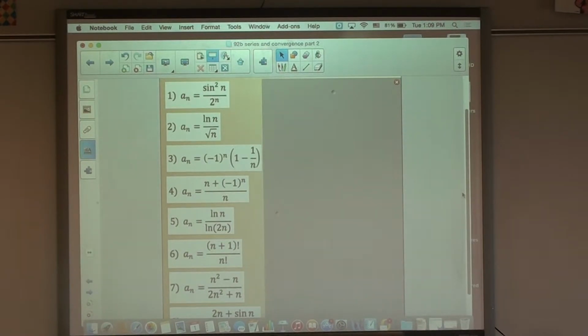Is the first one 0, guys? And then remember, once you find your limit, make sure you write down if it converges or diverges.